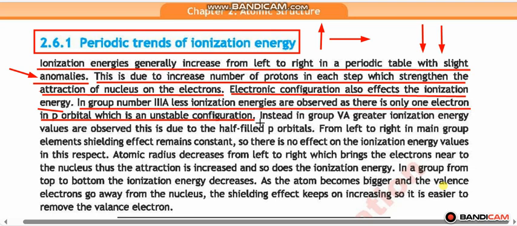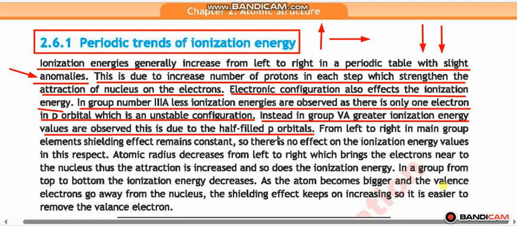Similarly, in group number 5A, greater ionization energy values are observed. This is due to the half-filled p orbitals. Students, in group number 5A of the periodic table, we see that there are 3 electrons in their p orbitals.